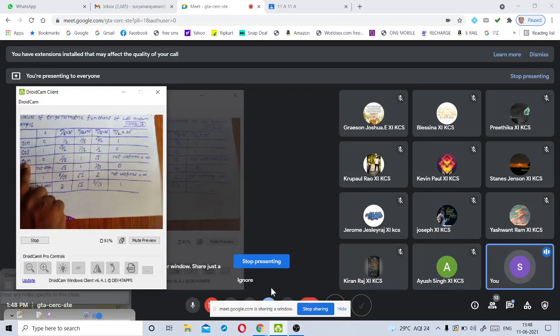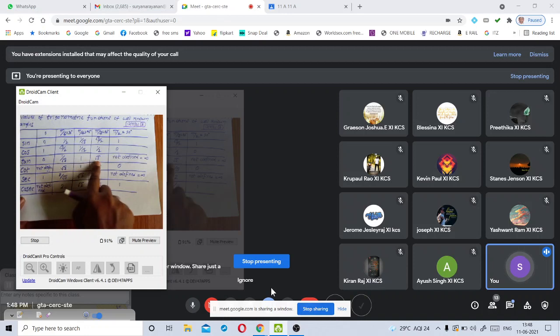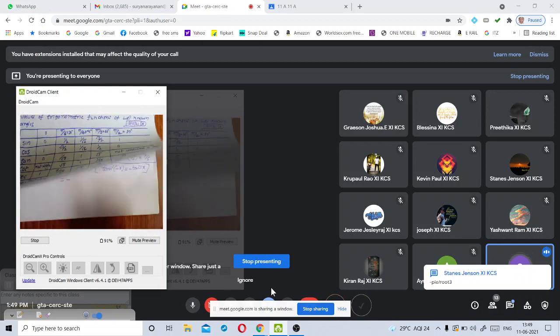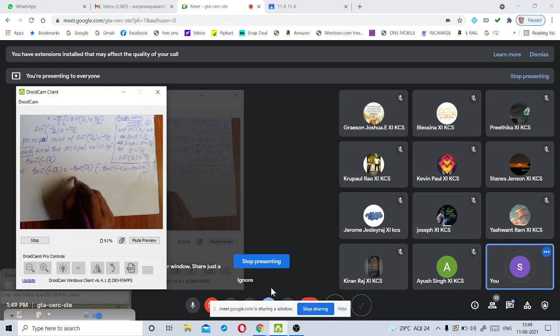In this tan table, where will you get root 3? Here, see there. So pi by 3, sir. Yes, under this you got pi by 3, because tan inverse of root 3 is pi by 3.